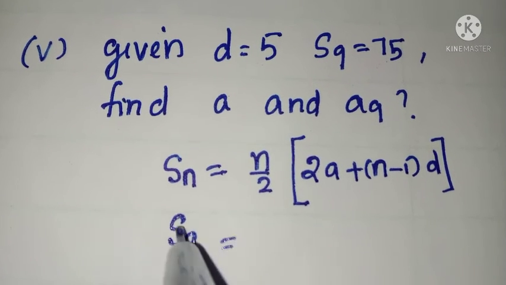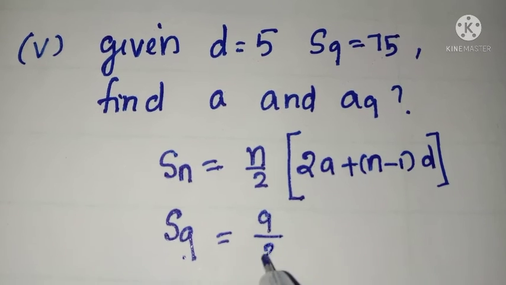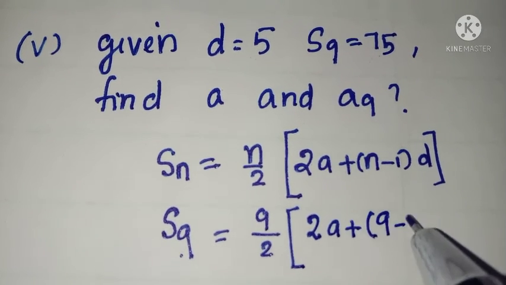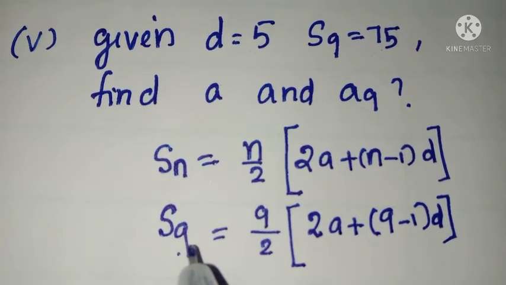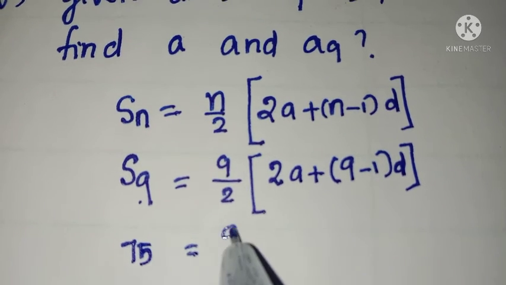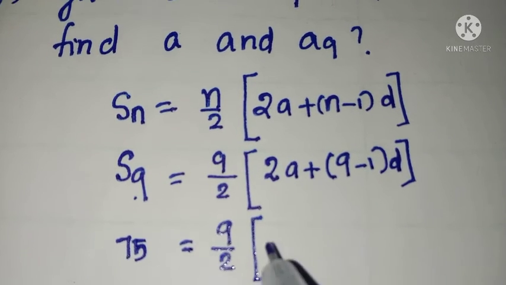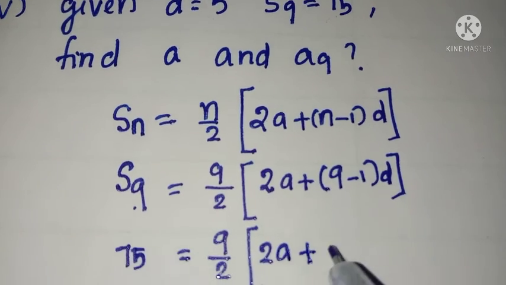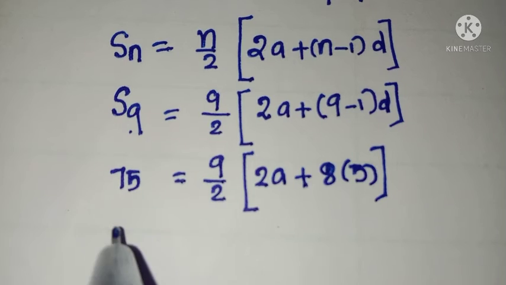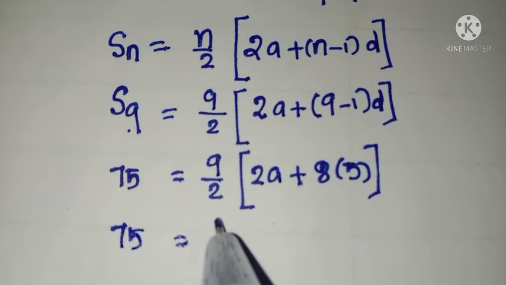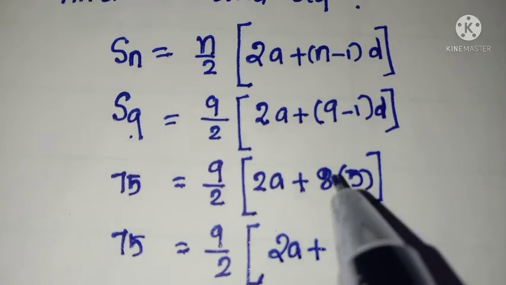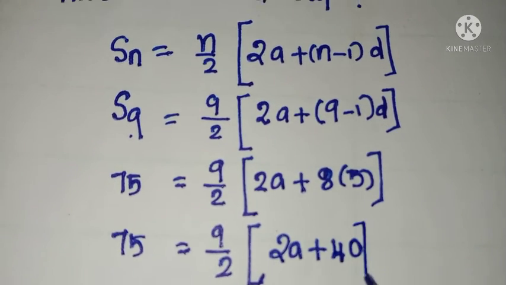So S9, that is 9 by 2 into 2a plus 9 minus 1 into d. Replace S9 as 75. 75 equal to 9 by 2 into 2a plus 8 into 5, 40.